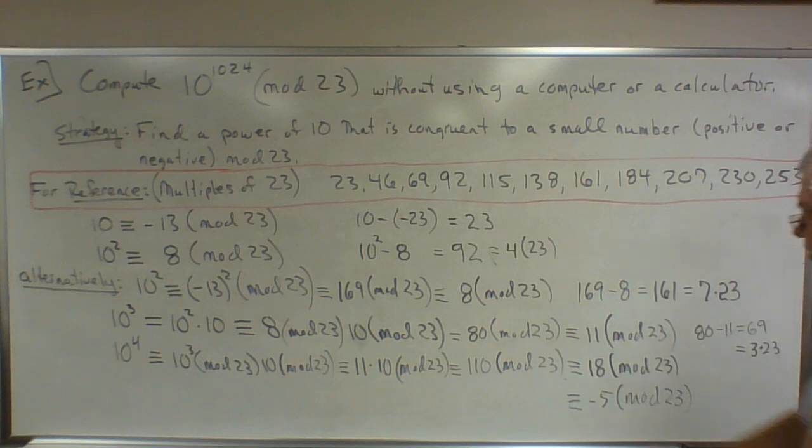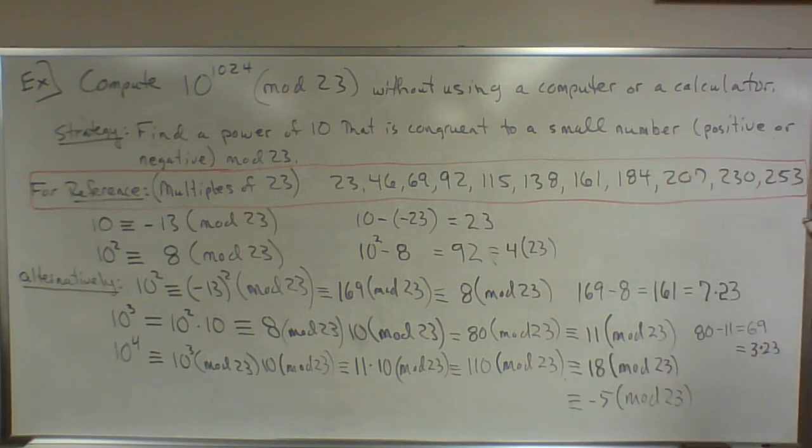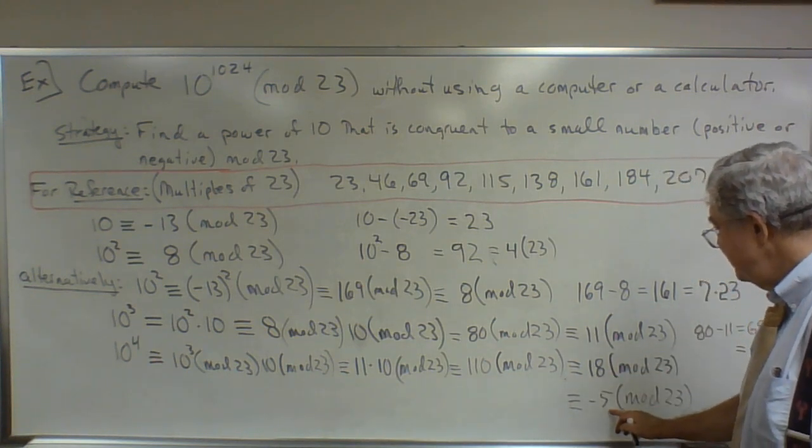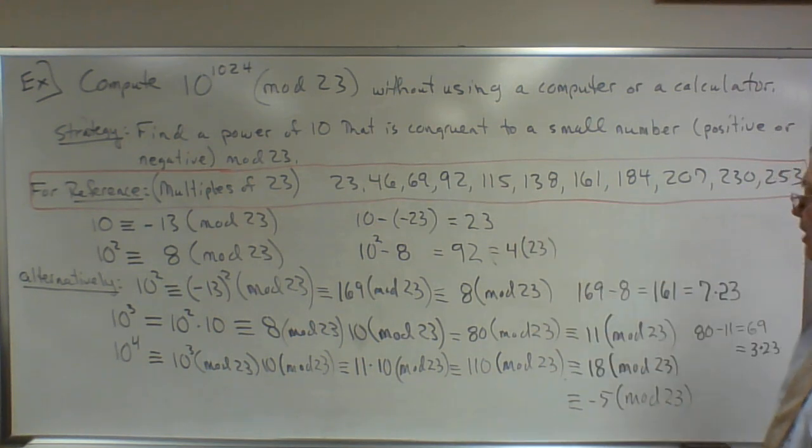Now, why is 110 congruent to negative 5 mod 23? Because 110 minus negative 5 is 115, and that's a whole number multiple of 23. So 110 minus a negative 5 is equal to 115, which is 5 times 23.